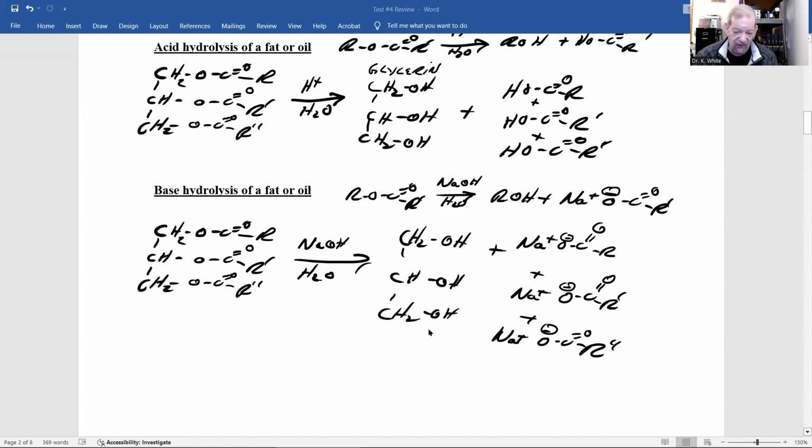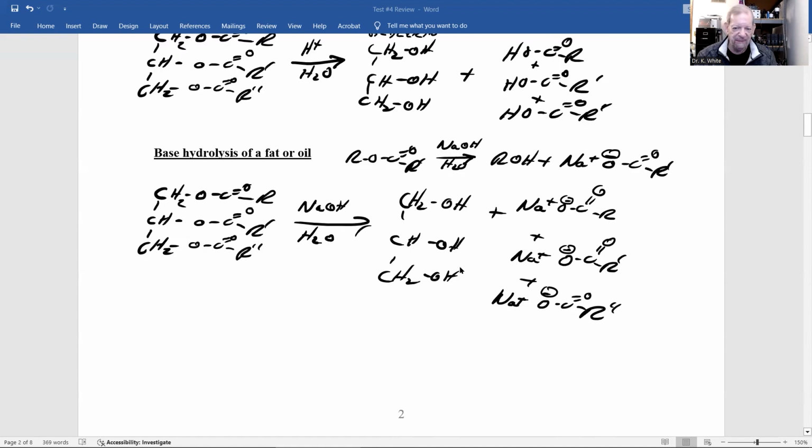And again, you get glycerin plus this carboxylate anion of the carboxylic acid you would have used to make that fat or oil, this ester. And this is called saponification because these carboxylate anions of fatty acids are also known as soap. We'll talk more about that in a little while.